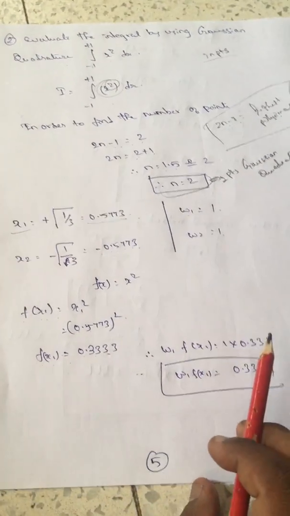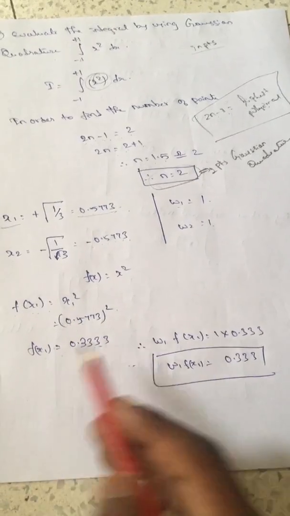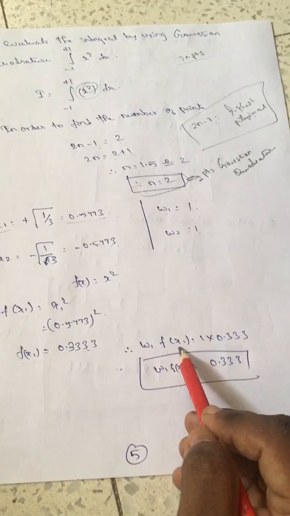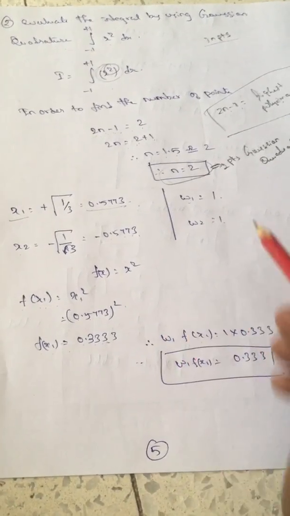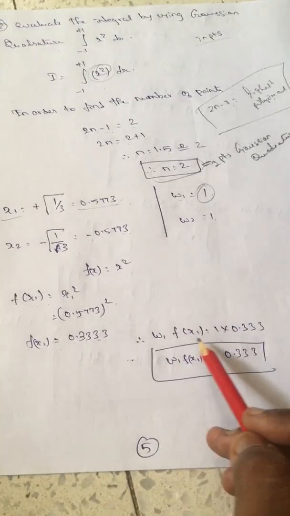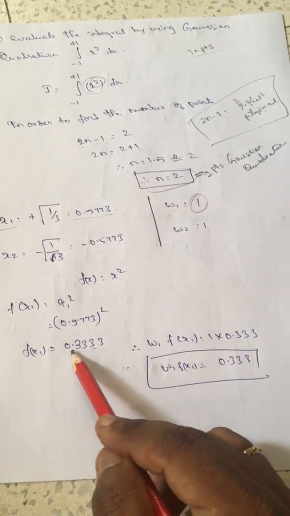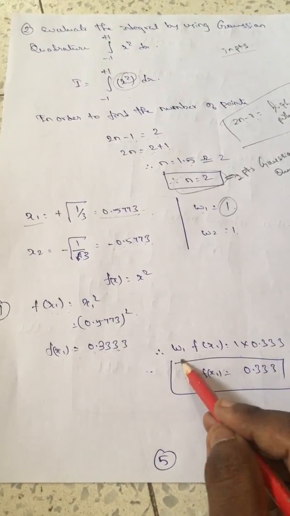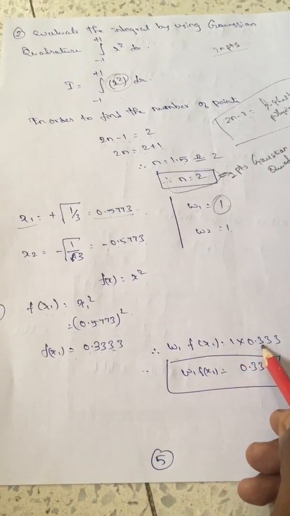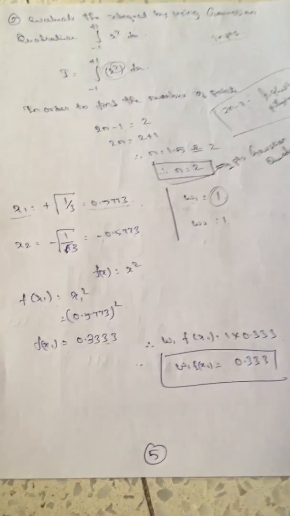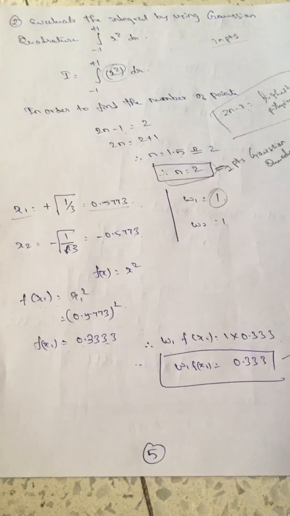The value of w1 is 1, so w1 f of x1 is equal to 1 into 0.333, that is 0.333. This is my equation 1.